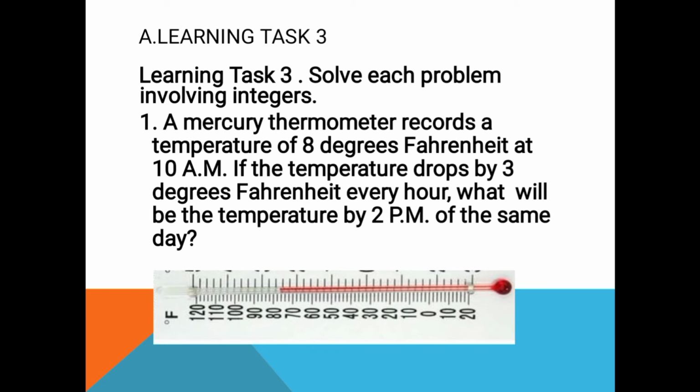Okay, let's proceed to learning task 3, problem solving or application of our lesson about the integers, addition and subtraction.